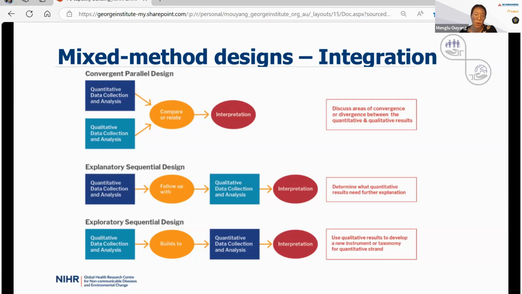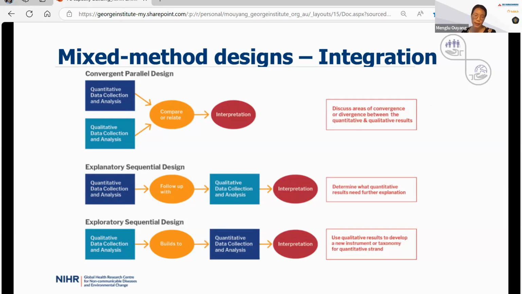The second type of mixed methods design is the explanatory sequential design, because the aim of this design is to explain the research question. Usually the quantitative data will be collected at the beginning.